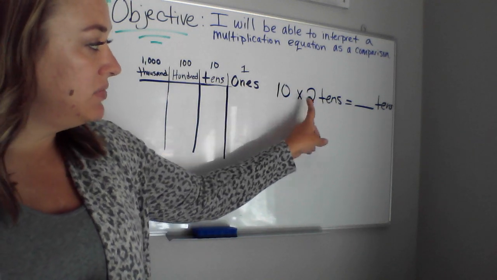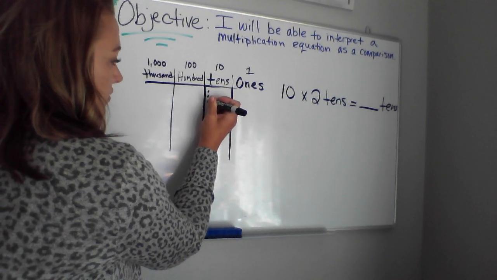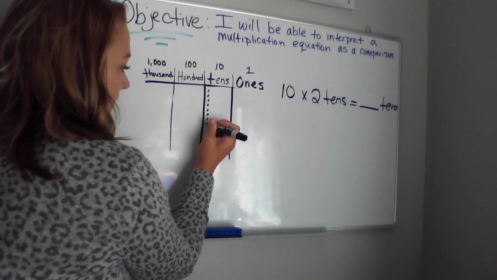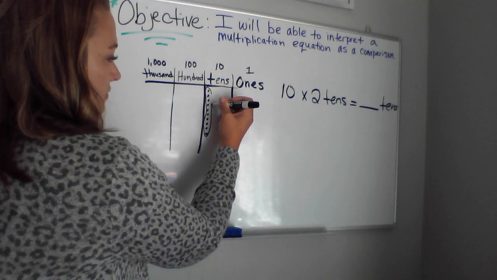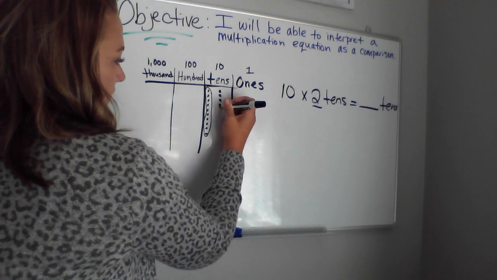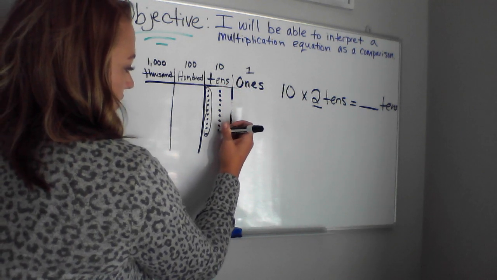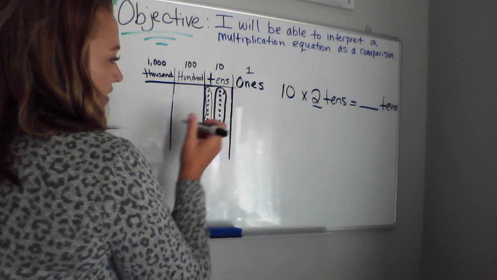So 10 times 2 tens. So I need to show my 10. 1, 2, 3, 4, 5, 6, 7, 8, 9, 10. There's one group of 10, but I need 2 groups of 10. 1, 2, 3, 4, 5, 6, 7, 8, 9, 10. There's 2 groups of 10.